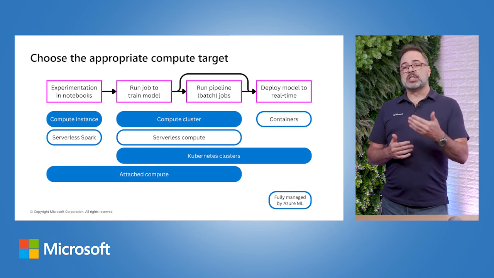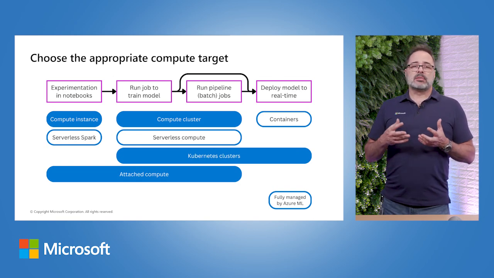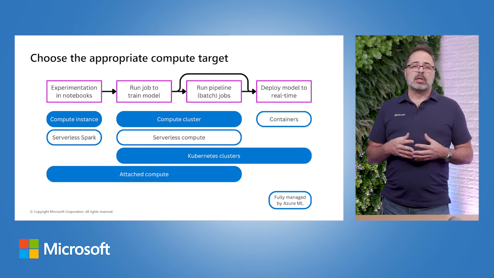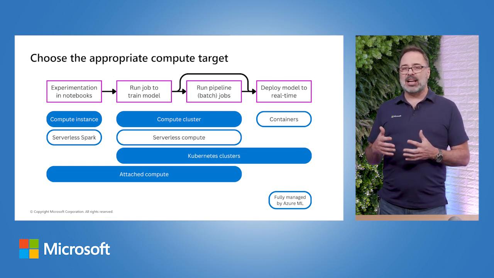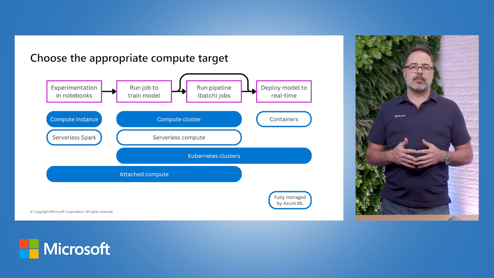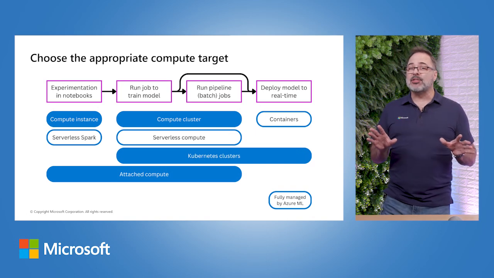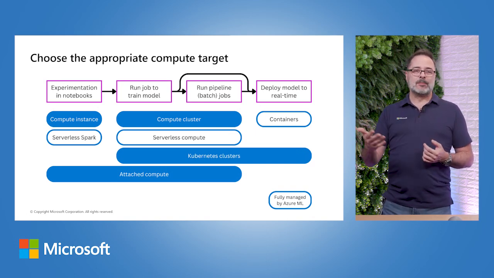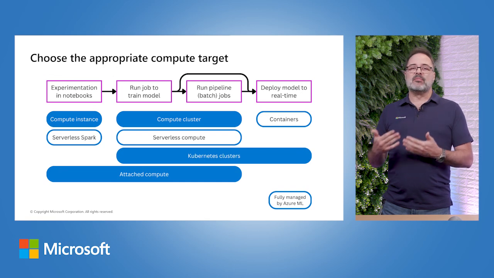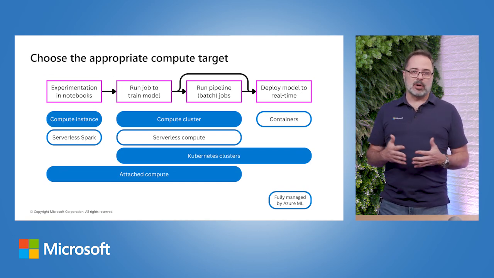Similar to serverless Spark compute, this compute is also a fully managed on-demand style of compute that you can use for training jobs. In other words, there's really nothing to configure for this. We can just use it, and similar to a compute cluster, the serverless compute environment will scale as needed to do the work.